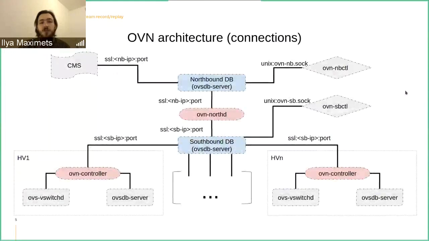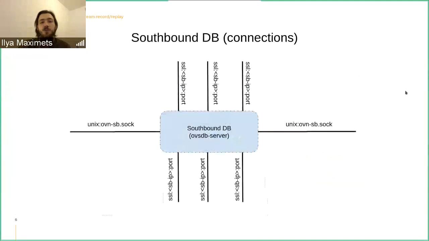So let's get back to the OVN architecture and look at the connections that we have. Basically, every single OVN component connects to some other component with SSL, Unix domain socket, or TCP. If you take a closer look at the Southbound DB, for example, we will notice a single process with a decent amount of inbound and outbound connections.